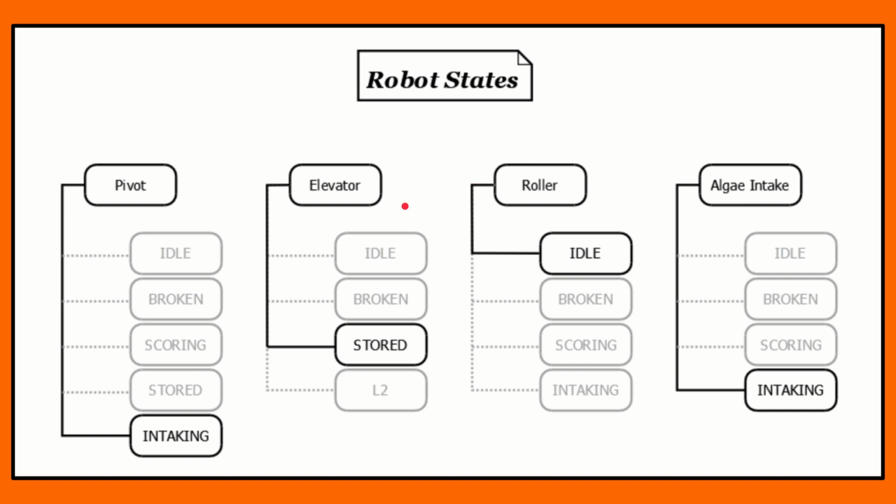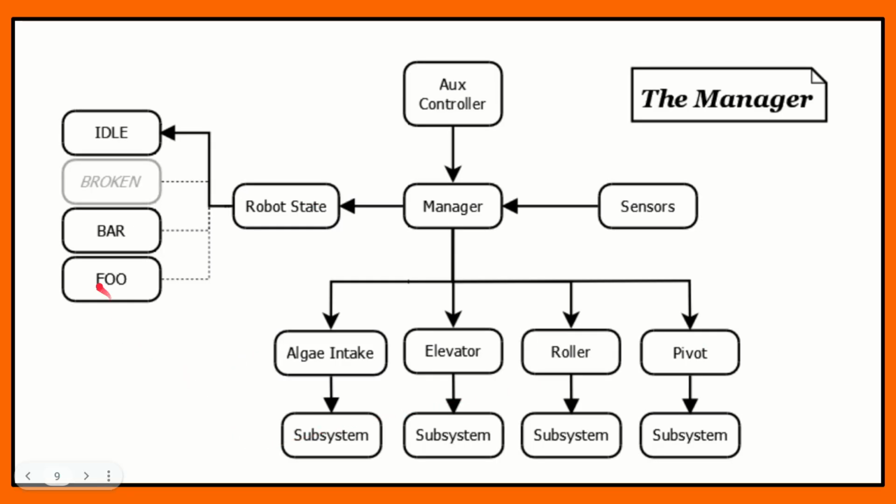Because let's say we want to create some new behavior. Well, we can just mix and match the different states. We say, okay, this one's in that state now, and the elevator is in the L2 state, and the rollers in the scoring state, and the algae intake is in the idle state. If we just mix and match whatever states we want, we can go back and make a new robot state out of that.